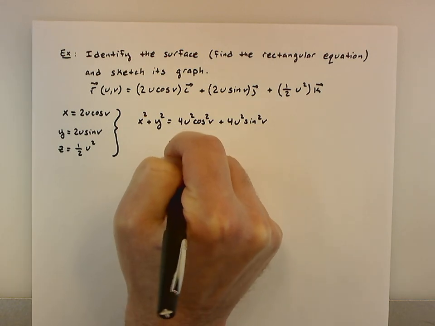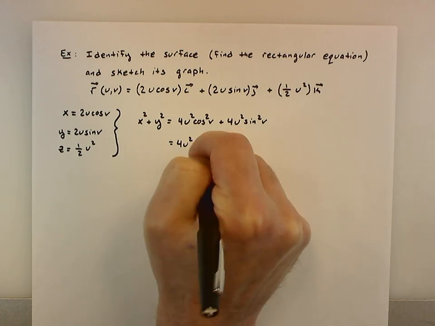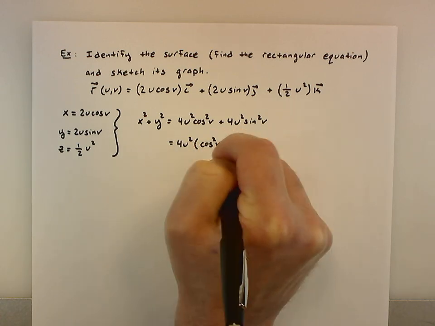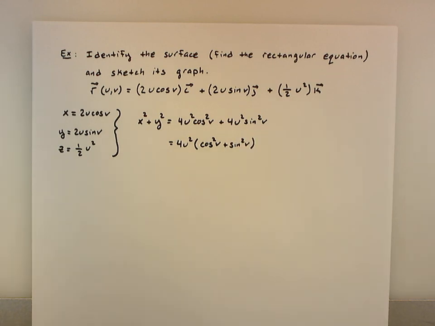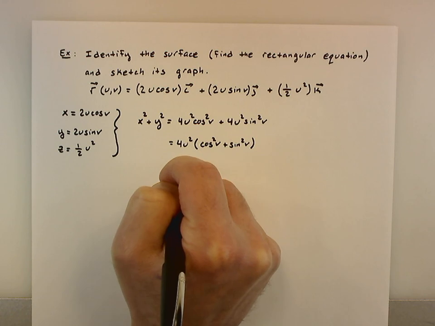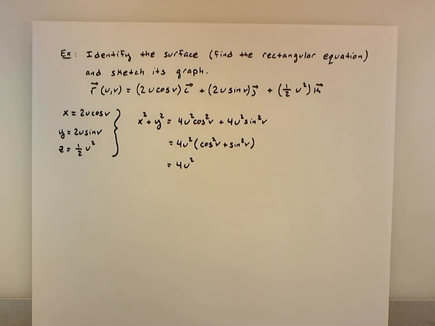If I factor out 4u squared, I'm left with cosine squared v plus sine squared v. That's equal to 1. So I get 4u squared multiplied by 1, or 4u squared.